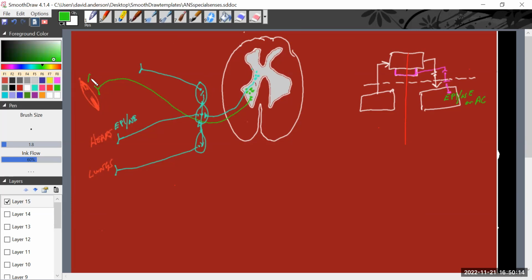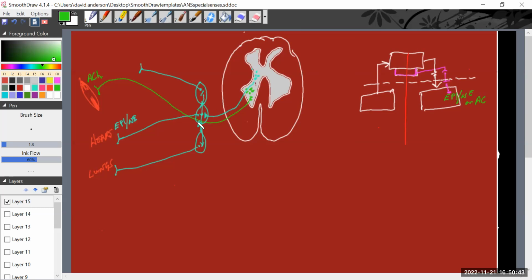ACH. Acetylcholine. Okay. Now, if we were coming from the cranial part, in other words, the brainstem, then we would be parasympathetic. If we targeted the heart with ACH, parasympathetic, we'd slow down the heart rate. If we target the heart with epinephrine, we increase it.